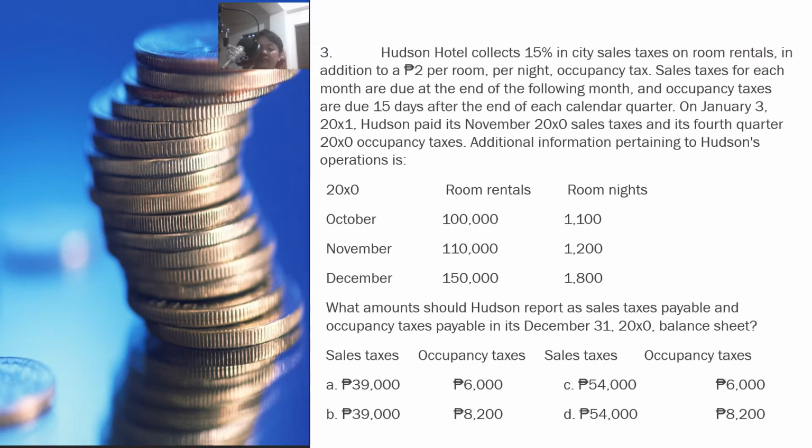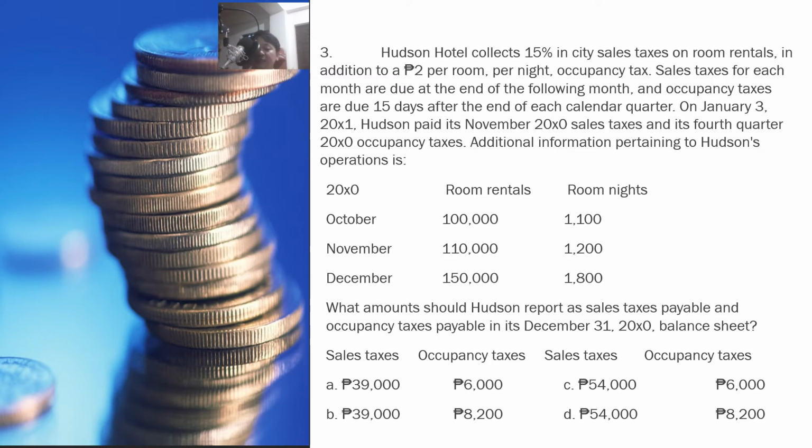Problem number 3. Here's the question. What amount should Hudson report as sales tax payable and occupancy taxes in its December 31 balance sheet? Each hotel collects 15% in city sales taxes on room rentals. So, yung room rentals is subject to 15%.